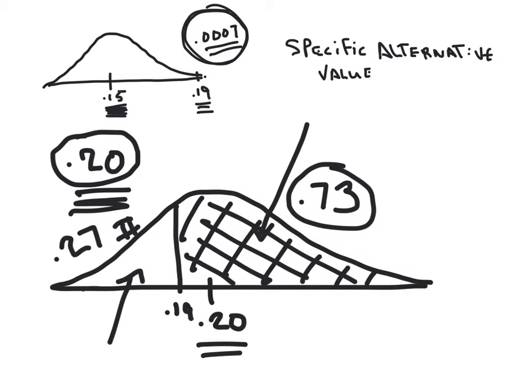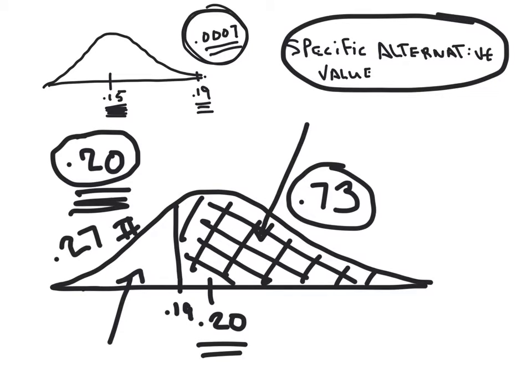Not sure if that clears it up. Power is really tricky, but just remember, specific alternative value, and once you do that, you want to switch gears and think, this is all about making the error. What's the probability that I make that type 1 error or that type 2 error? Okay, let's move on.